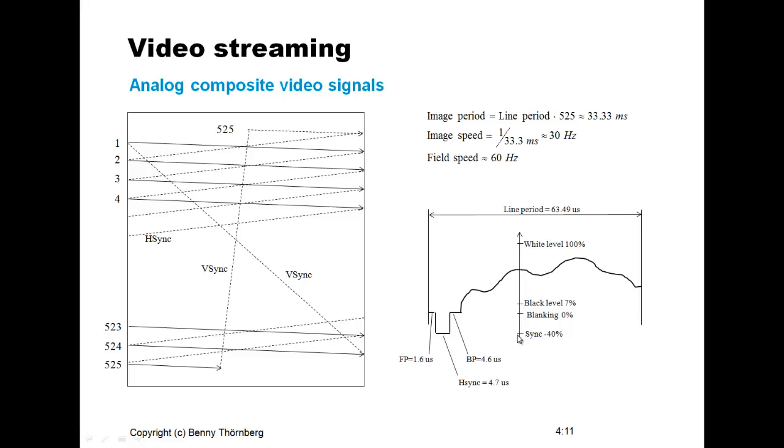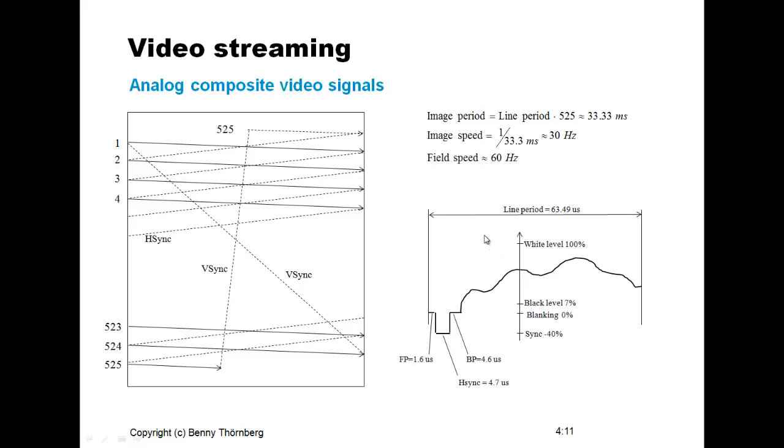So if we have a video signal that is lower than minus 40%, then we have a synchronization signal. And above the black level, which is the 0 level of the analog video signal, is the span that is used for transfer of the actual analog video signal.